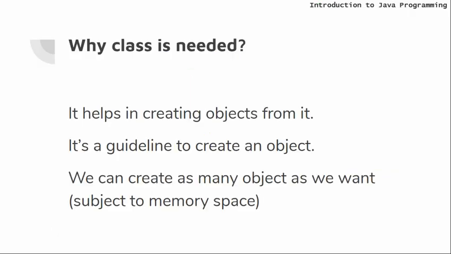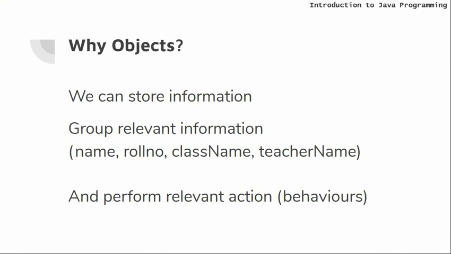So I hope this is clear, and don't worry about the syntax. I'm just explaining how we are grouping information, why classes are needed. So this is one aspect, that we can store information and group relevant information together like name, roll number, class name, teacher name. This could be a student class, and perform relevant functions.